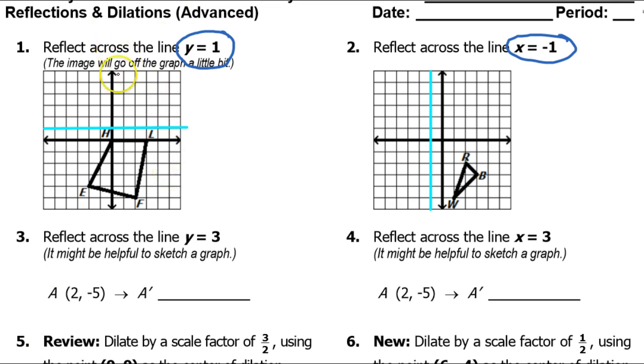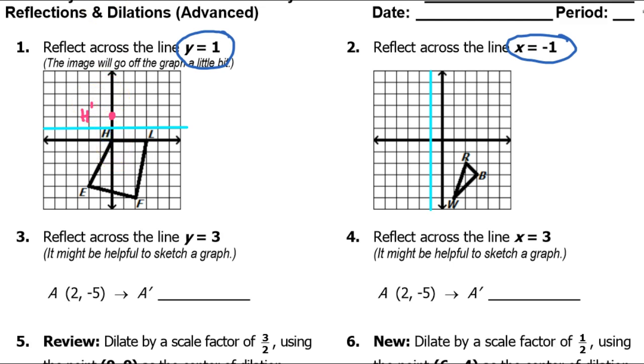So when you do your reflection across this line, just be careful to ignore the x-axis now. It's tempting to fall back on the x-axis as a common reflection line, but nope, got to use this new one. So if I want to find the image of point H, I'm going to go the same distance on the other side of the line. So this is 1 below the line, so I'm going to go 1 above the line, and that'll be my new point H prime.